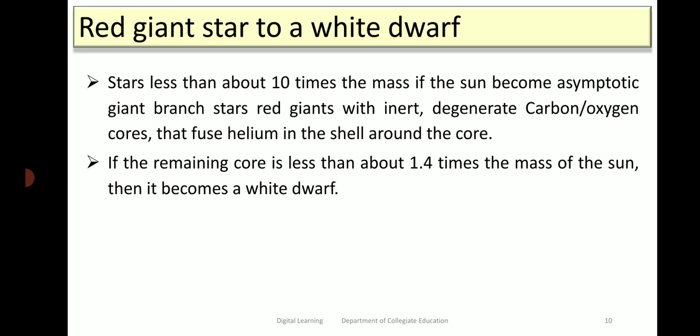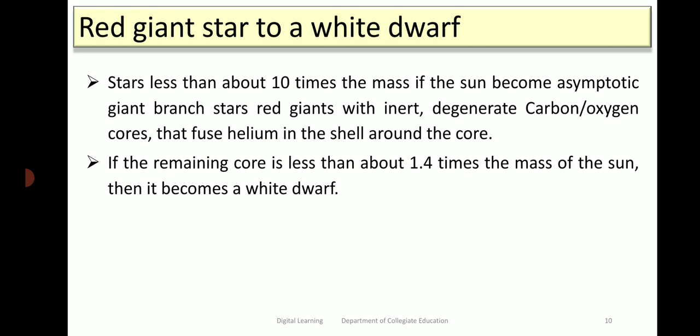Now we'll discuss how a red giant star is converted into a white dwarf. Stars less than about 10 times the mass of the sun become asymptotic giant branch stars, red giants with inert degenerate carbon oxygen cores that fuse helium in a shell around the core.